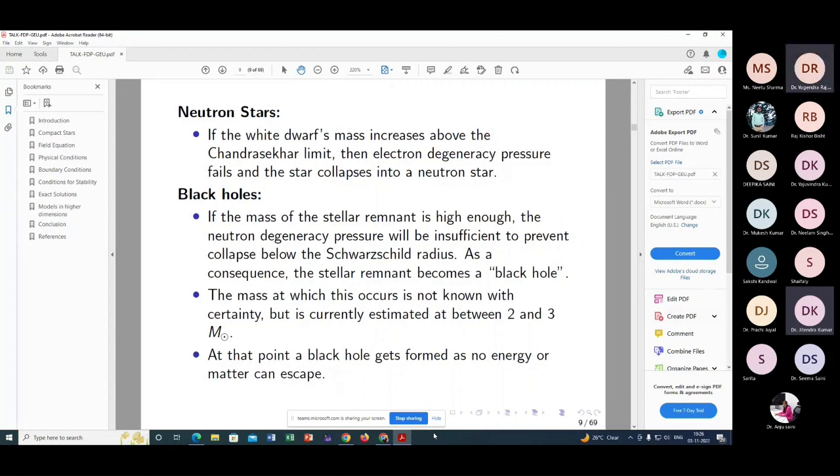At that point, a black hole gets formed as no energy or matter can escape. The mass at which this occurs is not known with certainty, but it is currently estimated at between 2 to 3 solar mass.